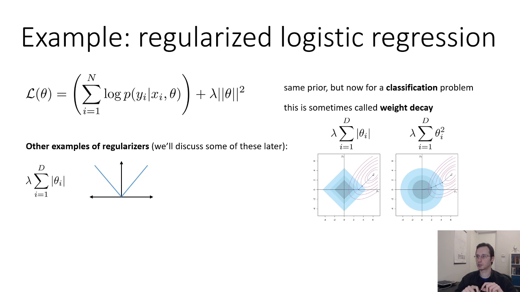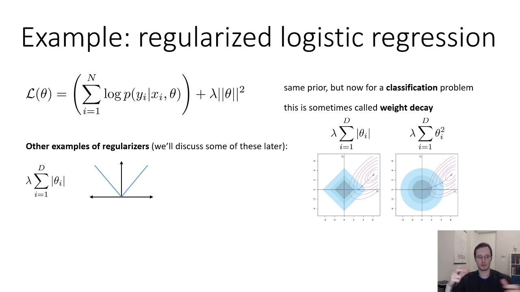The bluish shapes, the diamond and the circle, those represent contours of our regularizer. So each color is kind of a different value for the regularizer. Now, the regularizers all try to drive the weights towards 0, so the lowest value of the regularizer is attained when the weights are 0.